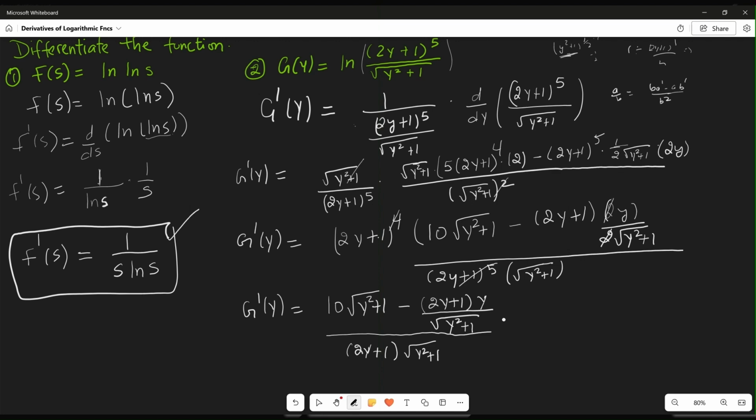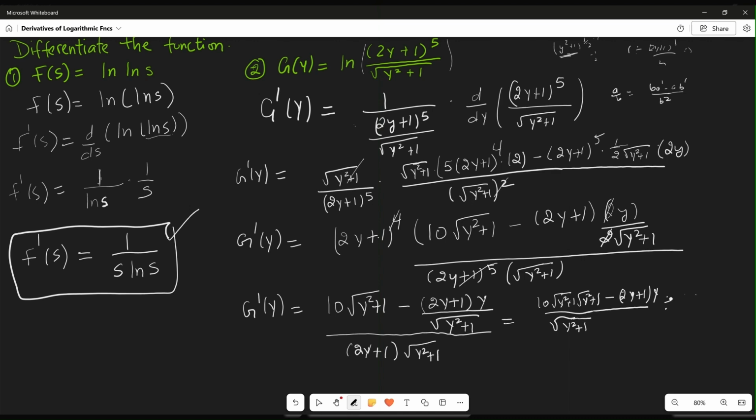So simplify this further. This is equal to, this is going to be 10 times y square plus 1 times square root of y square plus 1 minus 2y plus 1 times y divided by 2y, right?